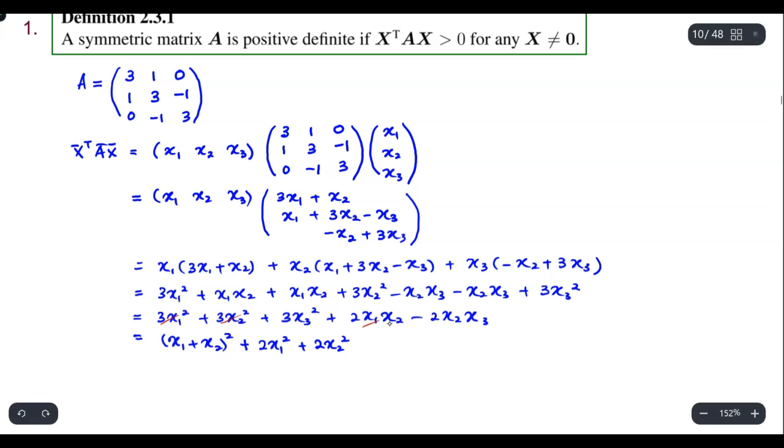Now we need to think of how to rewrite the terms in the form of x2 and x3. Since we have the subtraction, maybe we can have it in the form of (x2 minus x3) square. We always want the plus to ensure it is always positive.